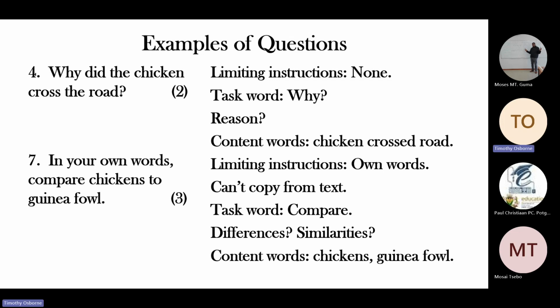And then your content words, chickens and guinea fowl. That's it. Okay, so in your own words, compare chickens to guinea fowl, and you are going to make sure that you describe the similarities and differences without referring to the text because it's in your own words.